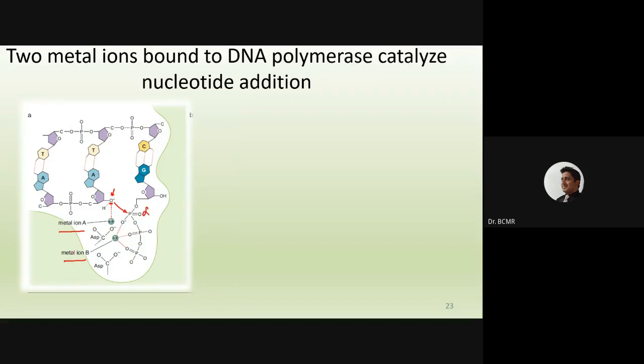The responsibility of metal ion B, along with other residues, aspartates, is that they will keep these alpha, beta, and gamma phosphates in proper orientation, so that the bond between O and the alpha phosphate can happen.